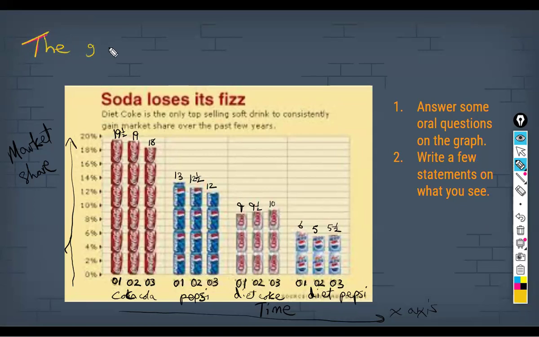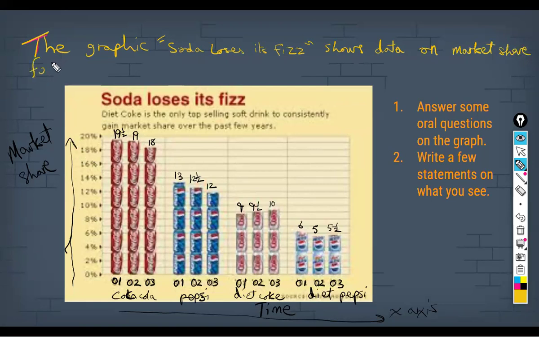The graph or the graphic, "Soda Loses Its Fizz." We'll call that its title, right? Shows data or presents data or offers data on market share, right? So this is the variable on the y-axis. For what are these sodas now?